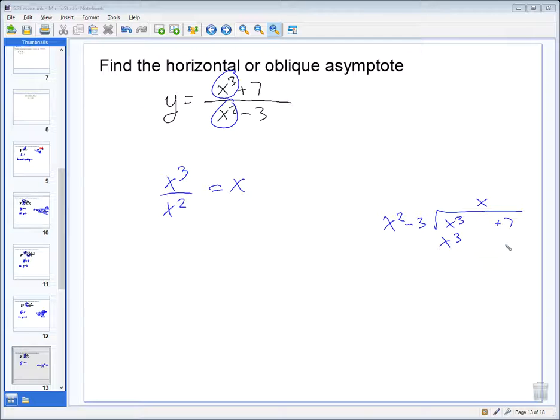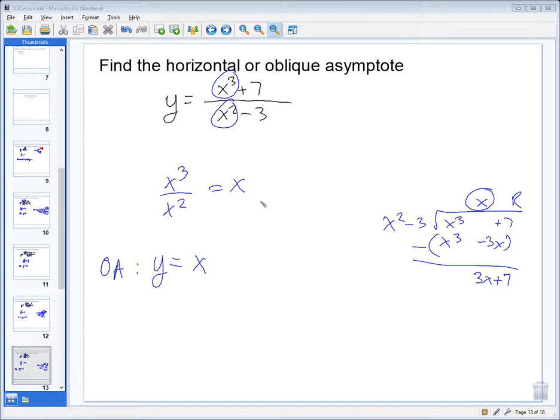Multiply it through, you get x cubed minus 3x. When you subtract those, your x cubes go away, and we get a positive 3x, bring down the plus 7. Now, 3x divided by x squared, that's a remainder, so this is the only piece we need. The oblique asymptote is y equals x.